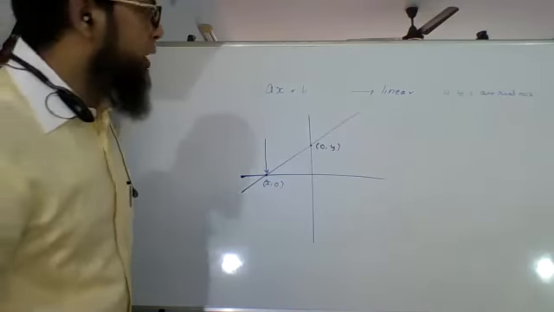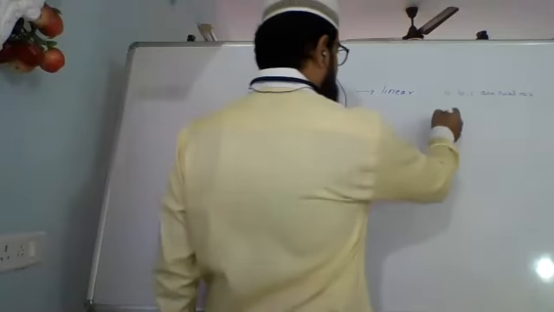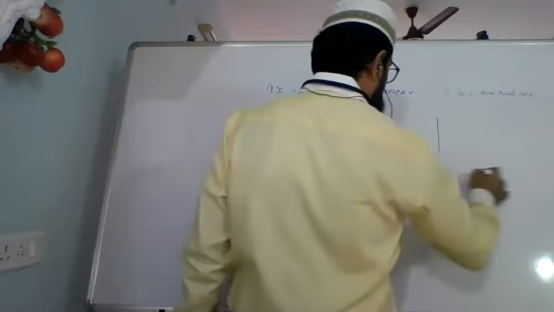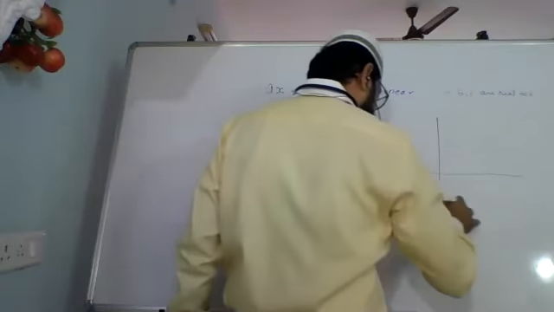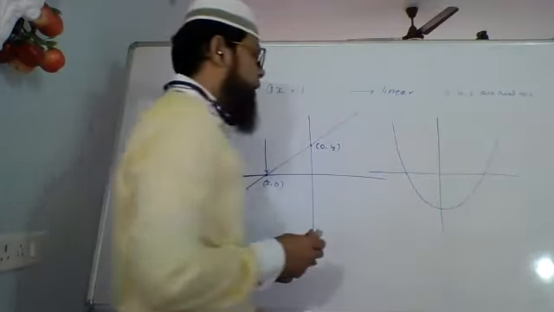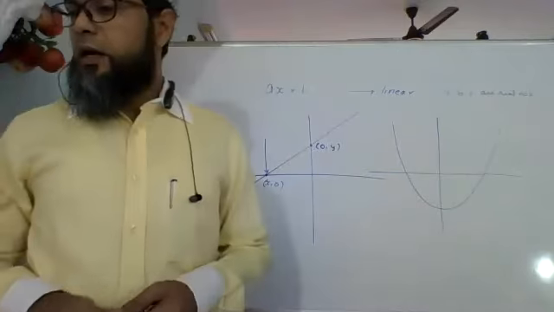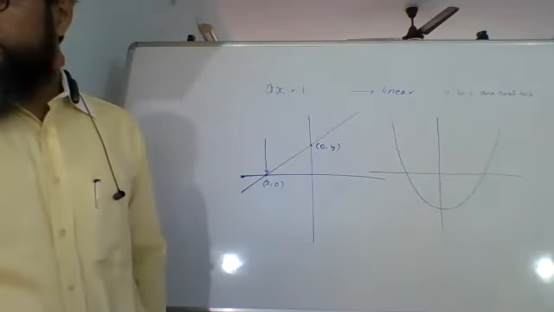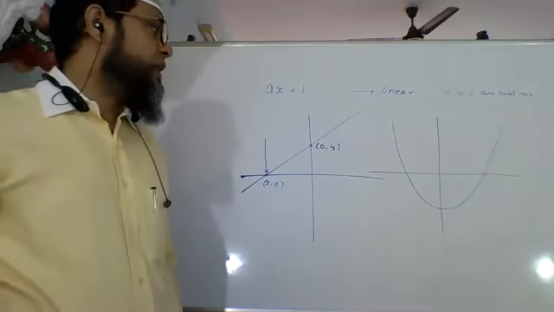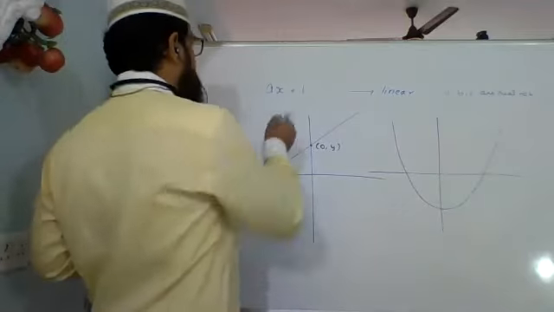Now, in case of a quadratic, you will have your graph like a parabola. When we solve it and plot the values, we will get this.